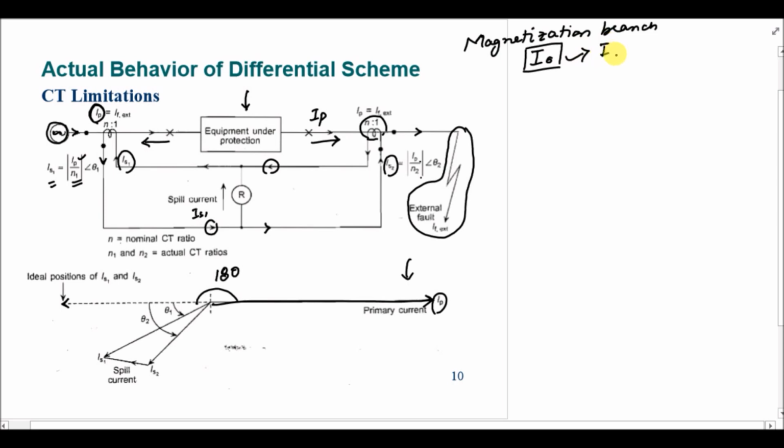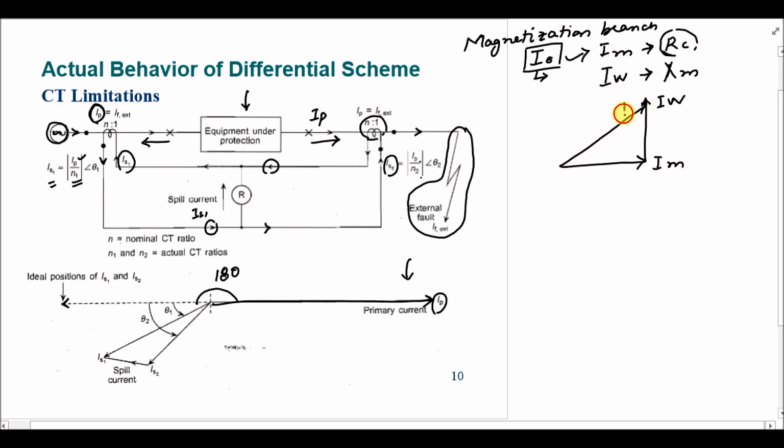One is IM that is passing through RC, which is representing the losses, and then there is IW that is representing the magnetization and is passing through XM. So if I draw the phasor for I naught, this will be your IM and this will be your IW, and the summation of these two will give you I naught.